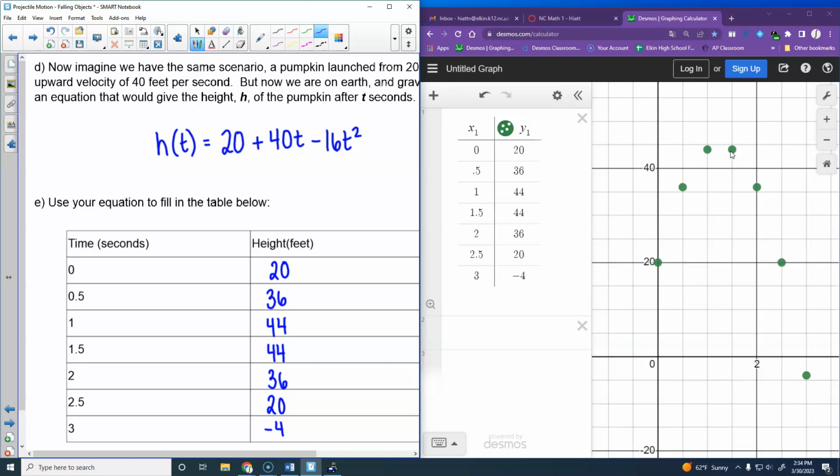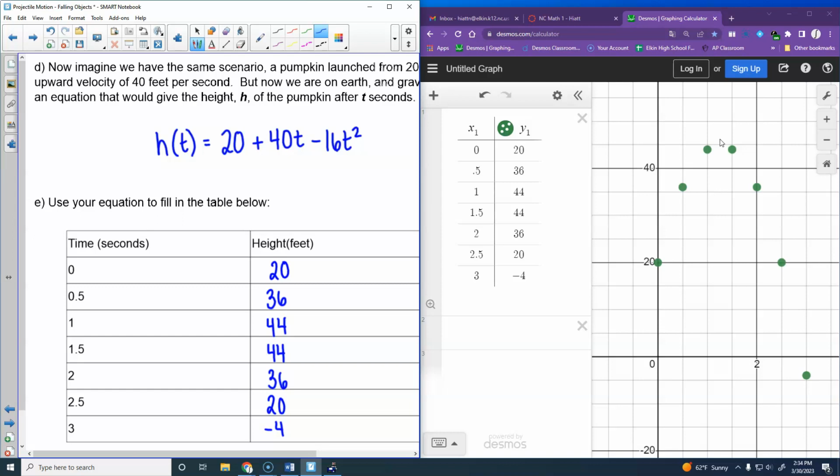And as it goes up, notice each one of these little bars right here is a half a second. So the first half a second, it goes up quite a bit. Then not quite as much. Then I imagine it went a little bit higher than 44, so like 44 and a half or 45 maybe.